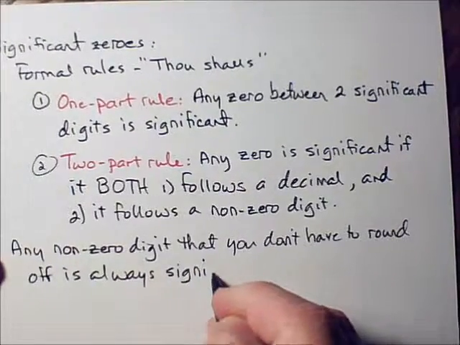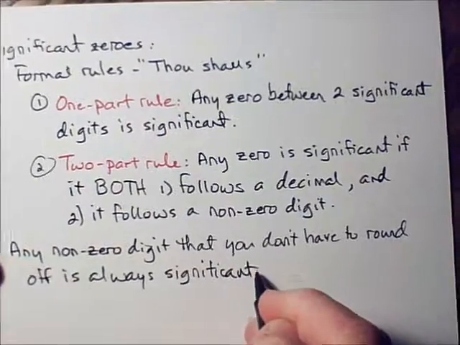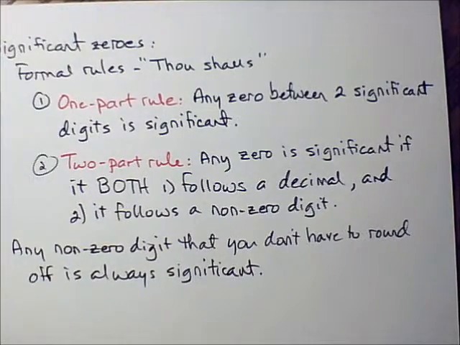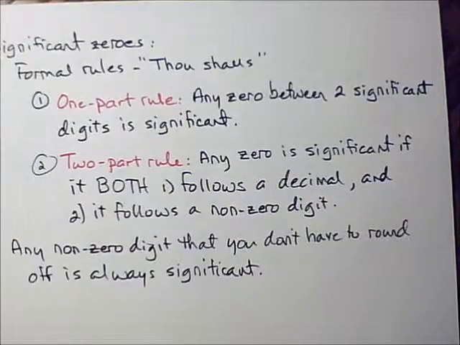Okay, so that's why we only have significant digit rules for zeros, because the non-zero digits don't really apply to most of what we're trying to figure out. Okay?